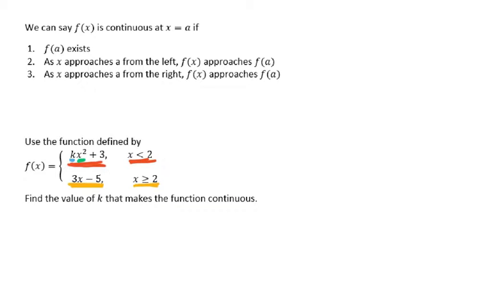To figure out what value of k makes this function continuous, we want to first substitute x equals 2 into the linear function because that is the function that doesn't include our k variable. So what we are going to do is substitute 2 in for x in that linear piece.